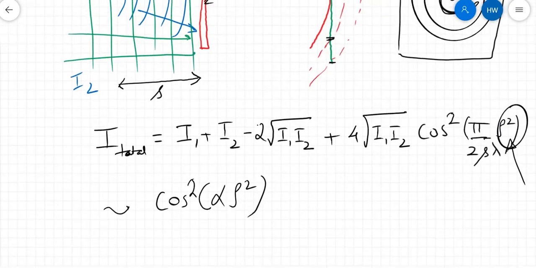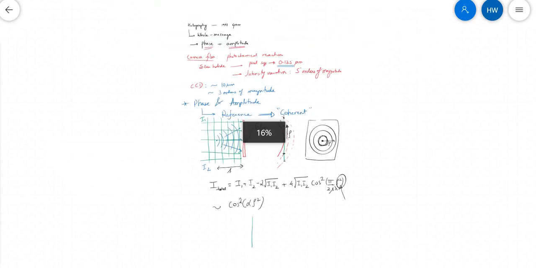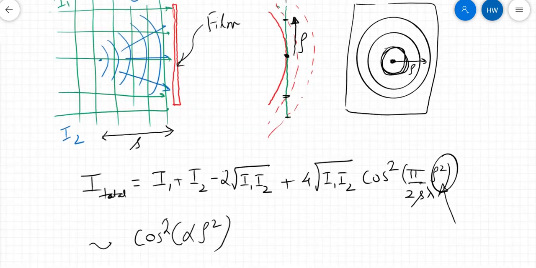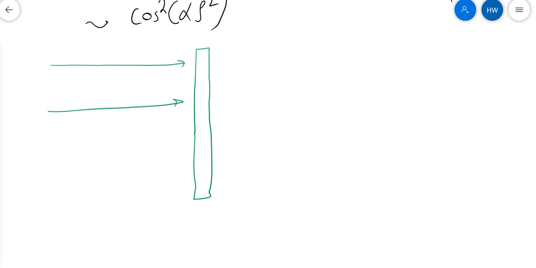So what is the purpose? Now let's say I have the same frame, and on this, I come in with my original reference, which was just a plane wave.